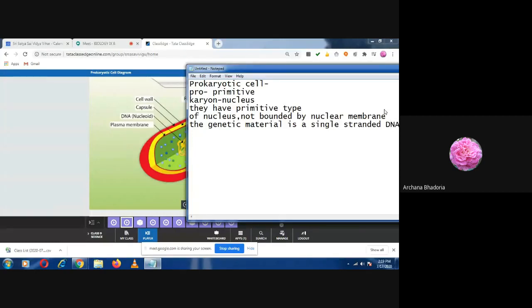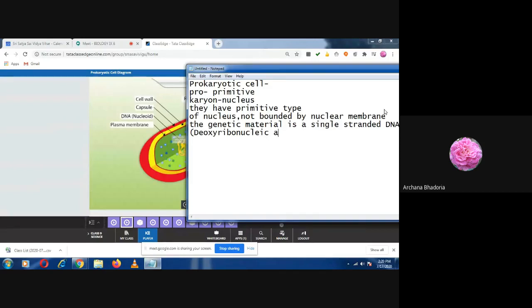What is DNA? Anyone has studied? It is a genetic component. Deoxyribonucleic acid. Write down in bracket for your understanding, and that is important. It is deoxyribonucleic acid.